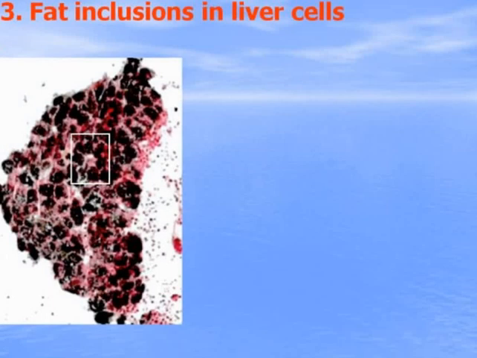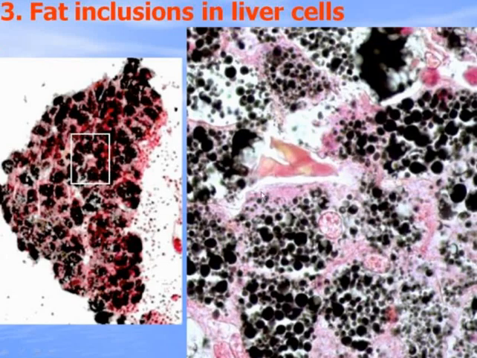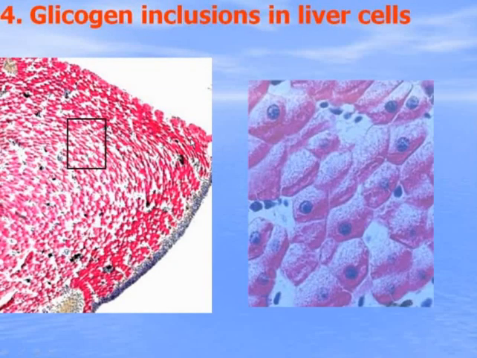This slide demonstrates the fat inclusions in a liver cell. You see the liver cell, the nucleus, and black droplets of fat. And these are glycogen inclusions in liver cells.